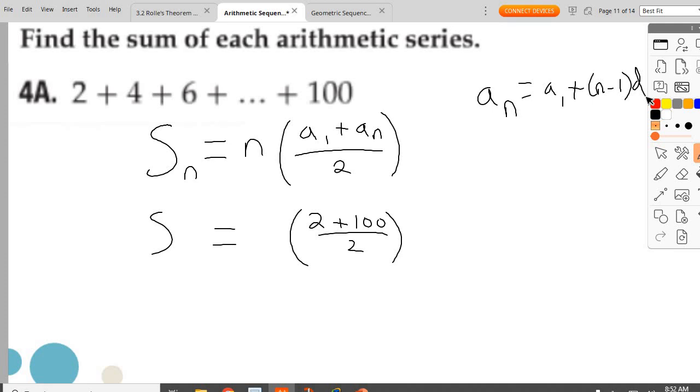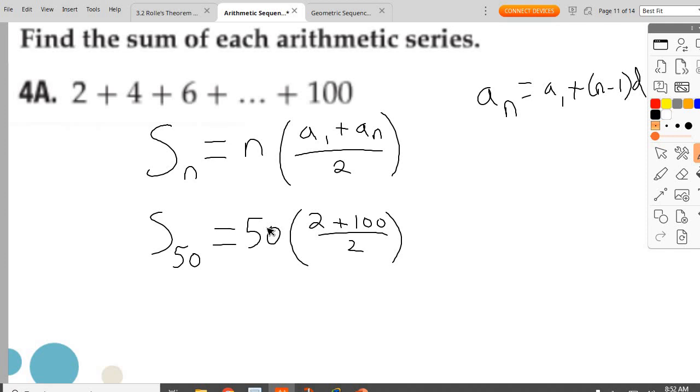Or we can think about this logically. How many numbers are there going to be from 2 to 100 if I'm only going by the even? 50. Alright, so it's going to be my 50th term. Are we okay with that? Yes.